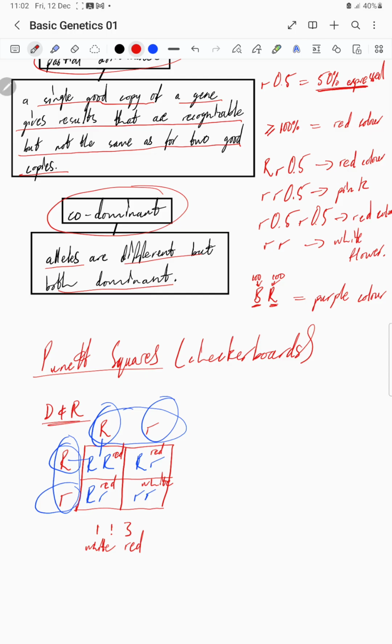So we will see that going on to the partial dominant. Let's say we have the dominant and the partial expressed, and here we have the recessive and the partial expressed.